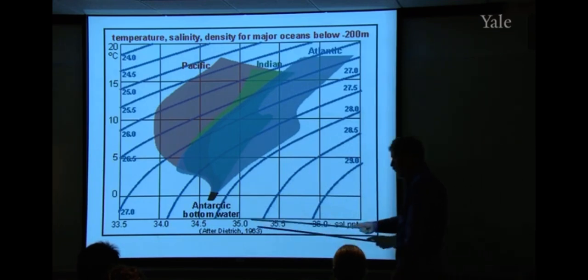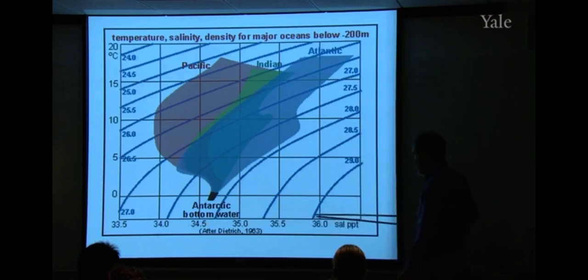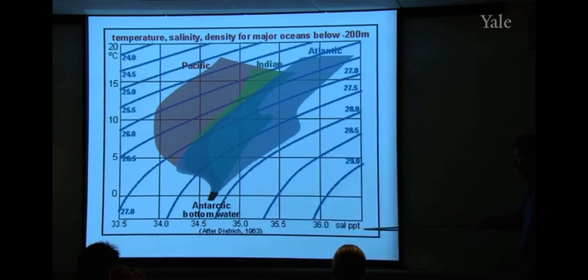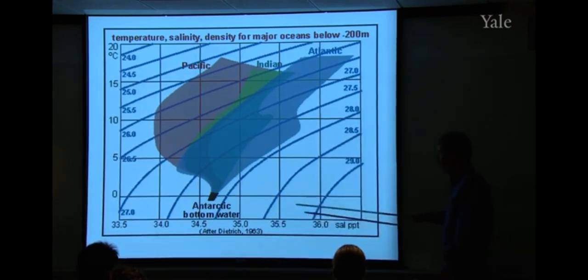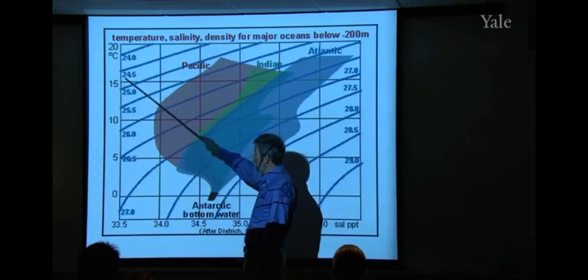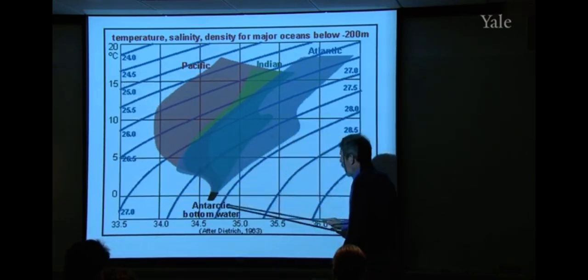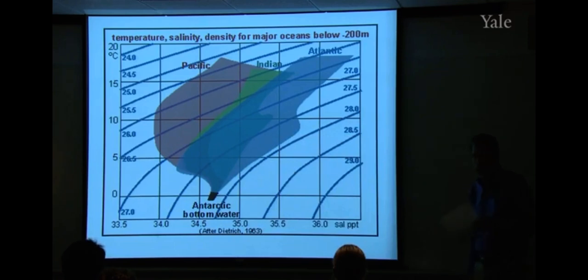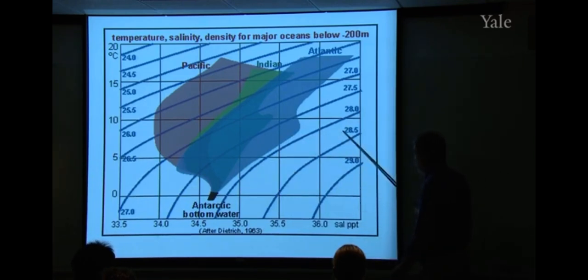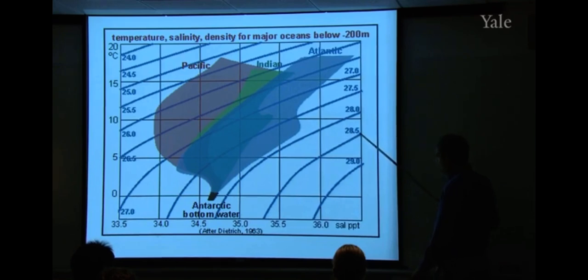So on this axis is the salinity in parts per thousand that we're used to working with, ppt. On this axis is temperature in degrees Celsius. And then these lines are lines of constant seawater density. And by the way, what is this unit here?